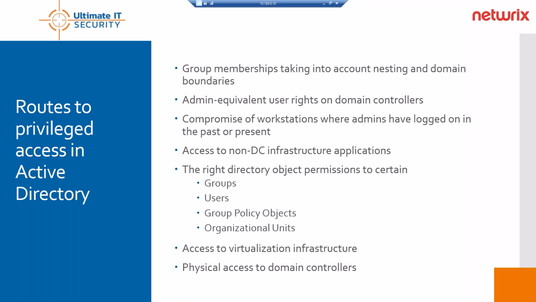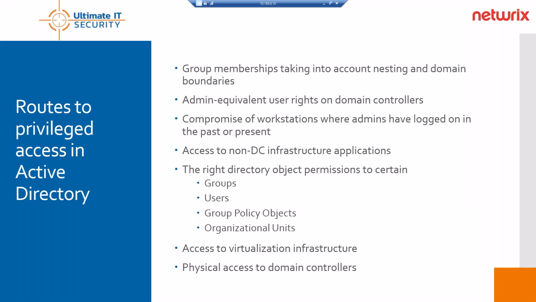Then, what about non-domain controller infrastructure applications upon which Active Directory has a security dependency? I'll explain what I mean by that. Then there's also permissions on individual Active Directory objects.